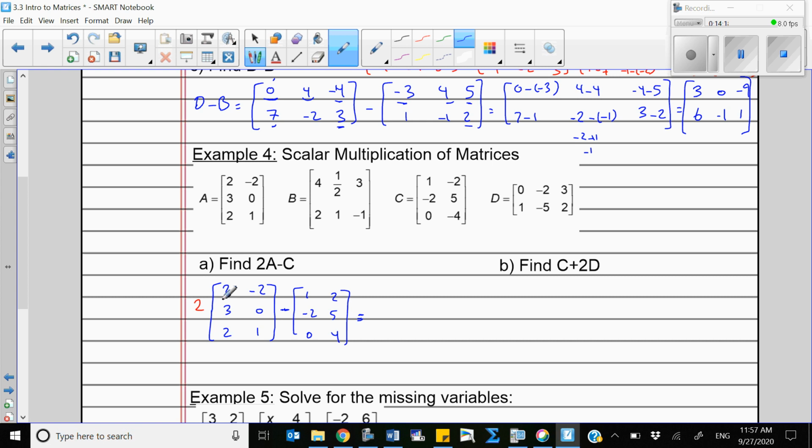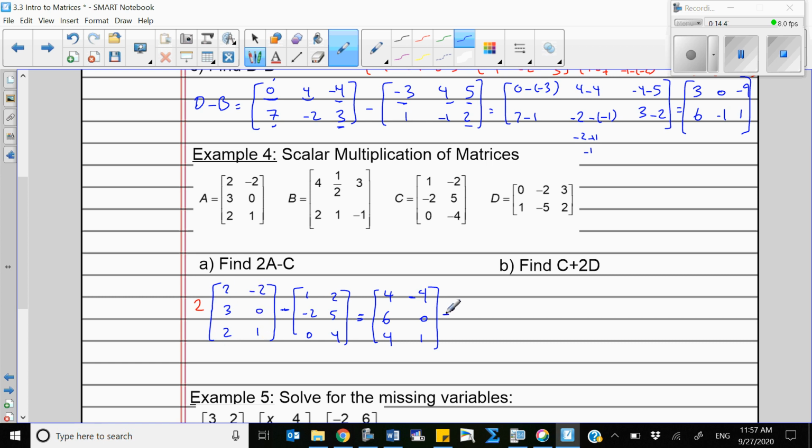So the first thing that I have to do here is to multiply 2 by this matrix. 2 by 2 is 4. 2 by -2 is -4. 2 by 3, 6. 2 by 0, 0. 2 by 2, 4. 2 by 1 is 1. So you multiply this number by every entry in the matrix.